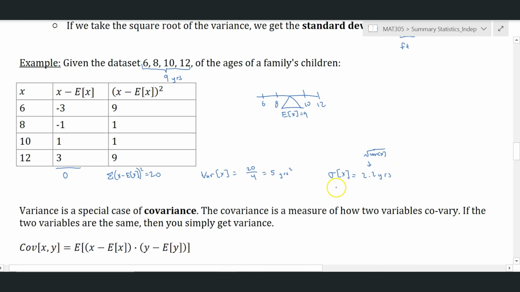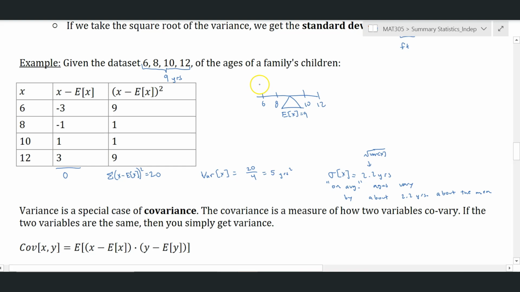And so now we could say that on average, and we don't mean a true average, right? Because we squared and then square rooted, and we did some funny stuff. So we didn't just take the average of the deviations, but we can kind of say that on average, ages vary by about 2.2 years about the mean.